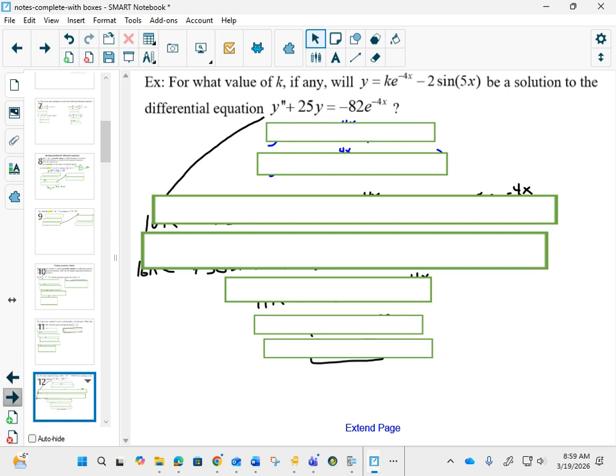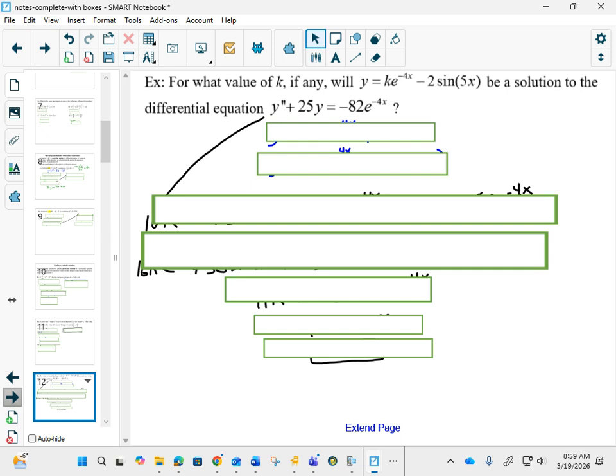For what value of k, if any, will this be a solution to this differential equation? So options are to work backwards from the y double prime, which is harder, working backwards is harder, or to take the particular solution and move forward.